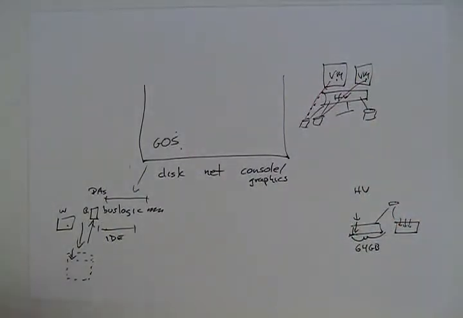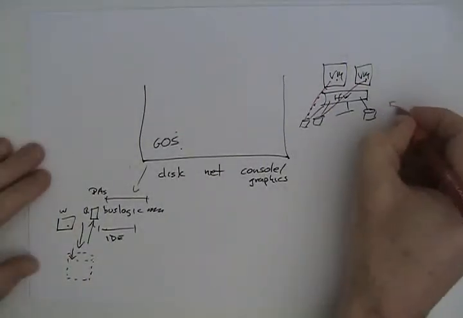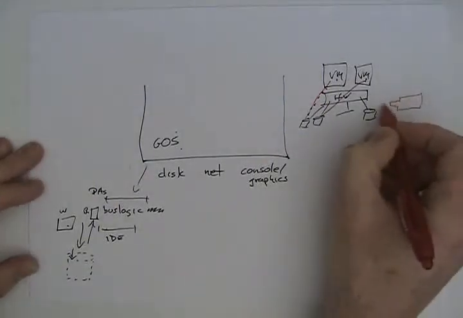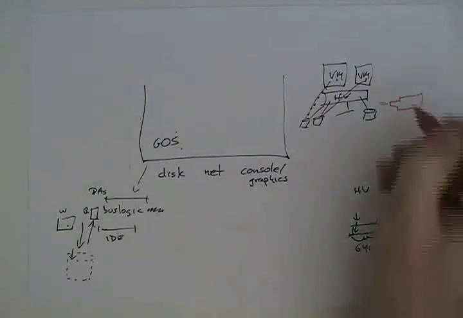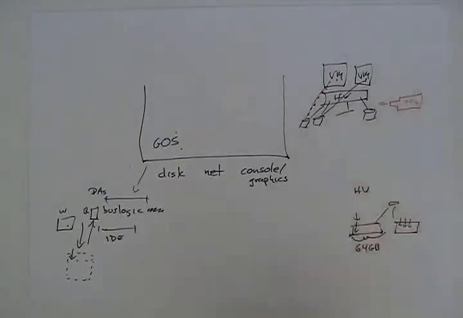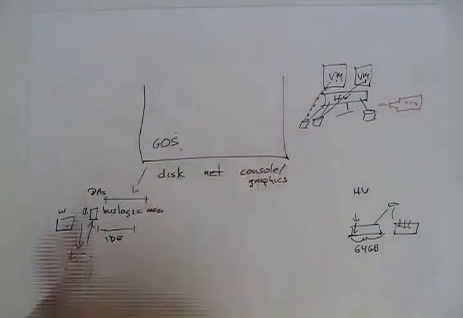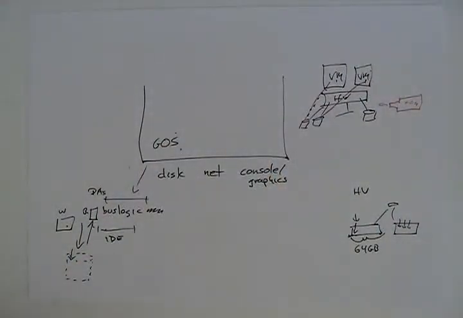Well, actually, you'll see something like that in VMware if you plug a USB key in. When you plug it into your computer, you'll get a pop-up saying, do you want to connect this disk to your virtual machine or to your regular system?